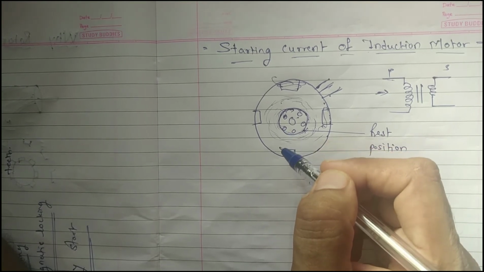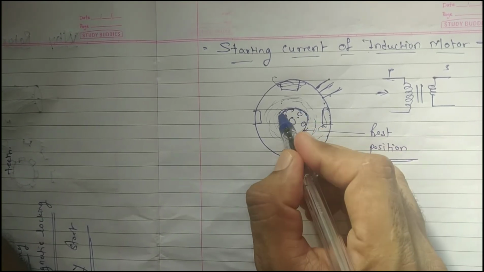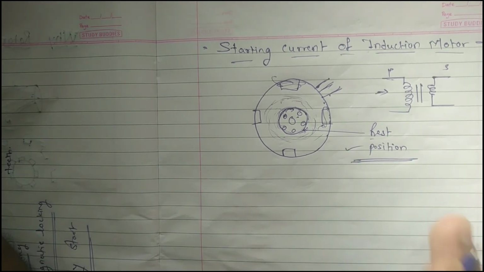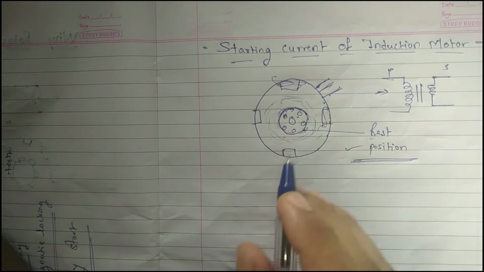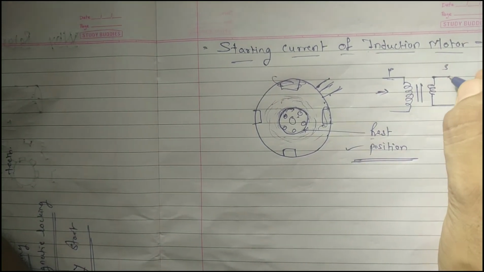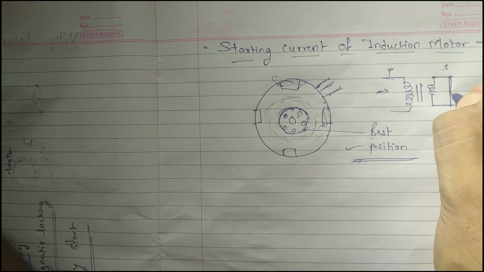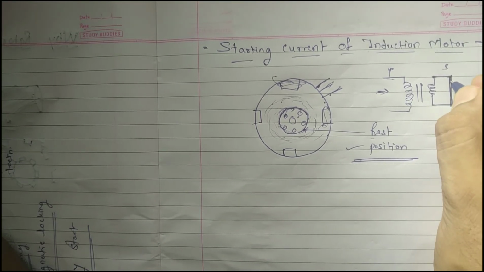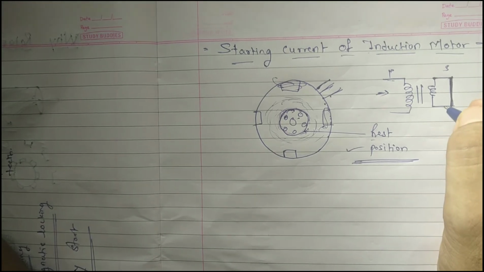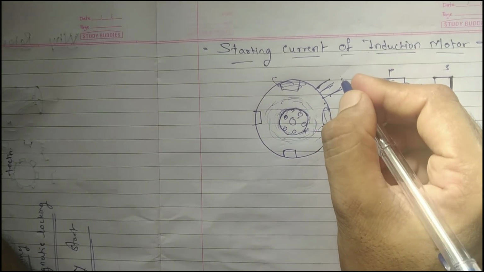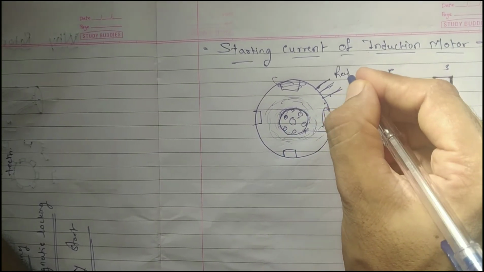But one thing you need to understand: the rotor is initially in a rest position, standstill. It means it is just like a secondary short circuited transformer. Short circuited means we close the circuit with a simple conductor, but we have already provided a rated supply.